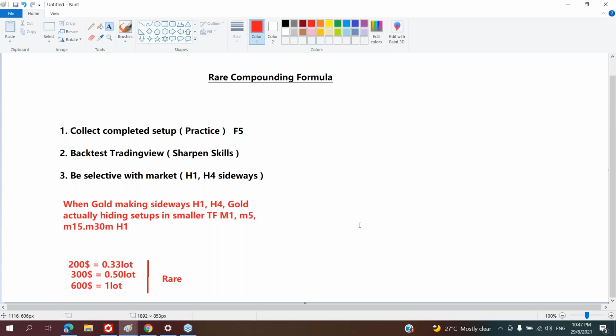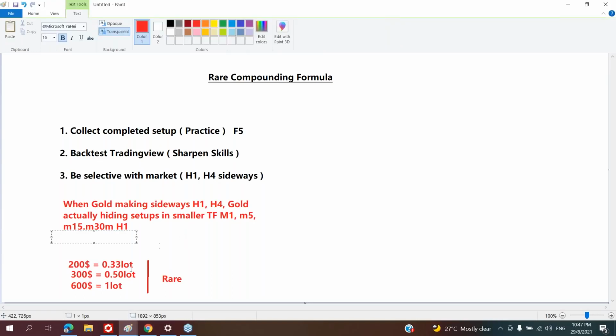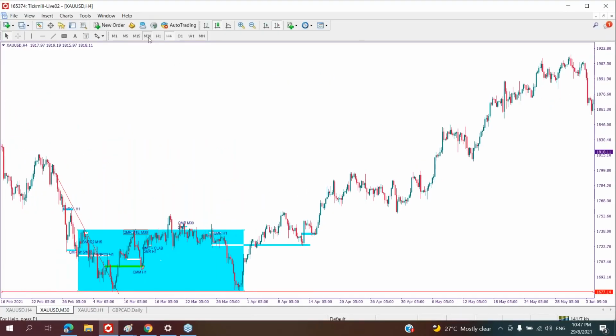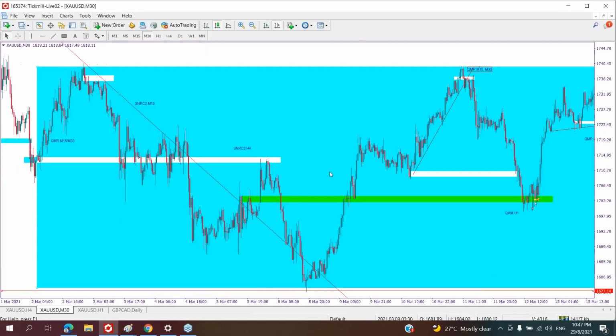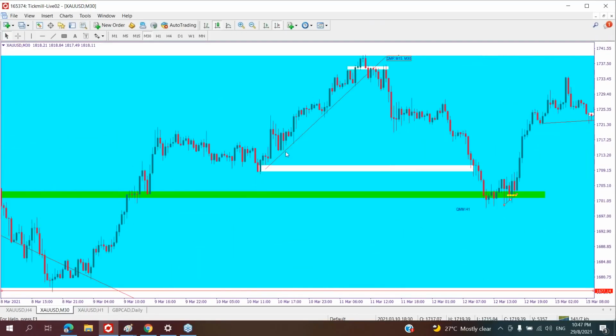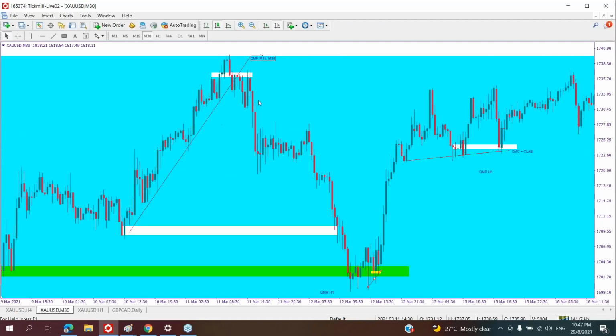Any more questions? Do you recommend layer entry or single entry? I recommend layer entry. Okay, I give you an example. Like you see QM reversal here.